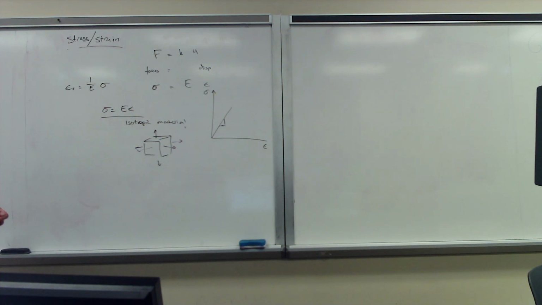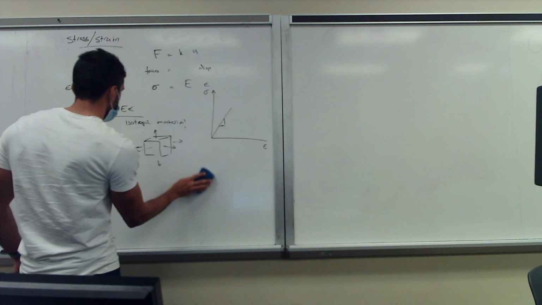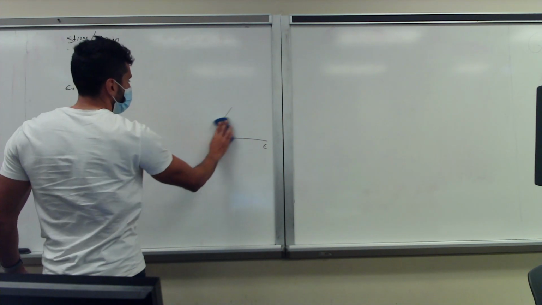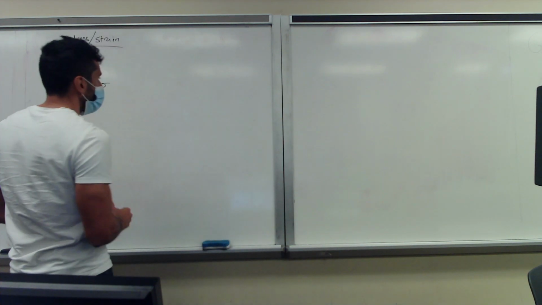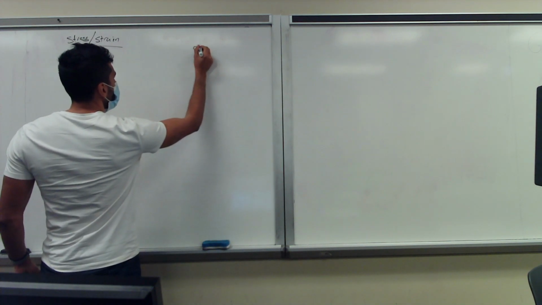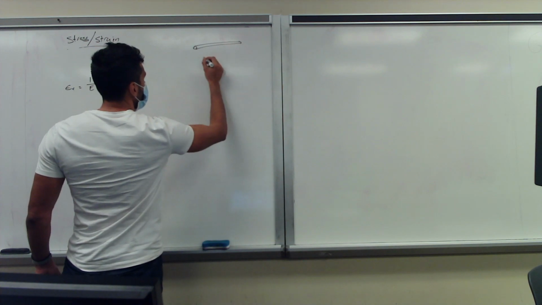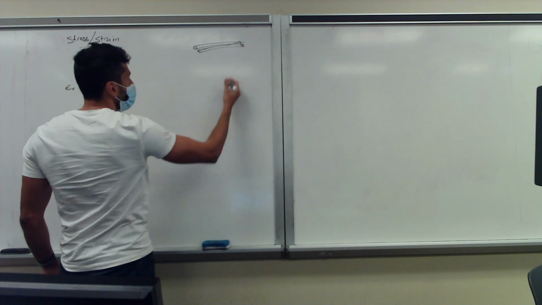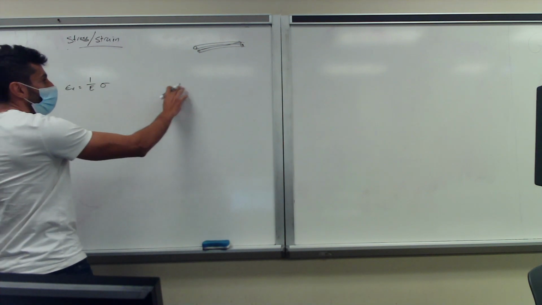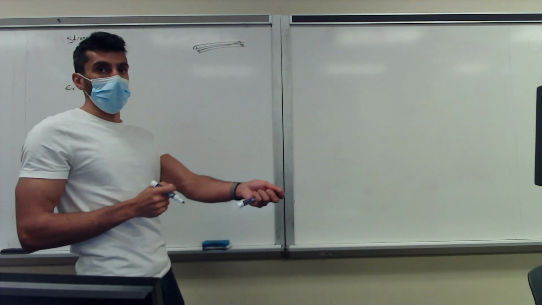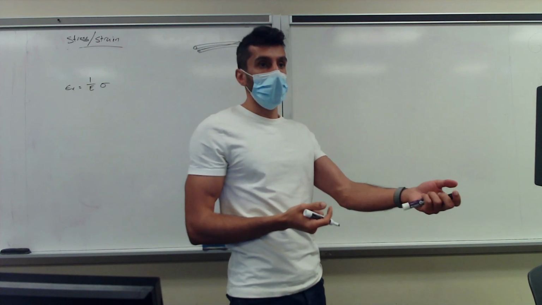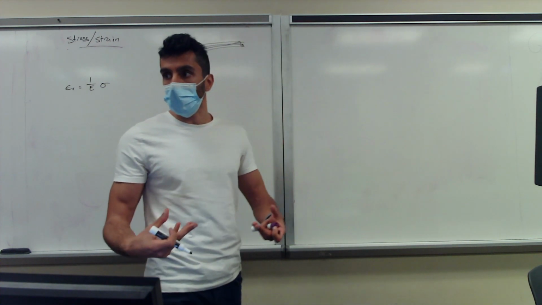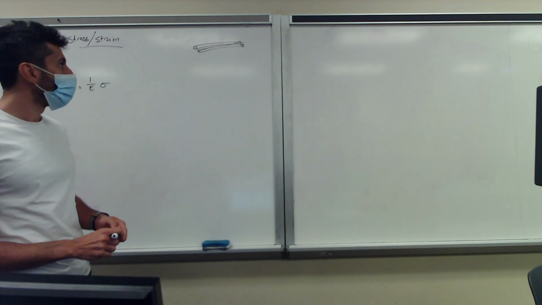For composite materials, this is a bit more complex. It's not as straightforward. The reason is that composite materials are nothing more than a bunch of carbon fibers oriented in a certain direction. If you look at a carbon fiber, just like a rope, if you pull on it, it's very strong. But if you try to pull it in the transverse direction, it's weak. And if you compress it, it's also weak.